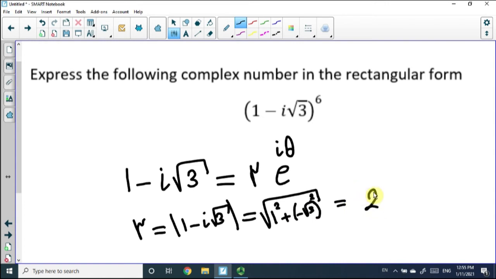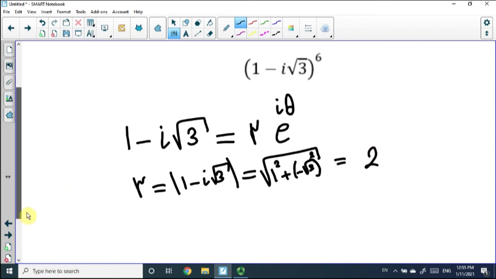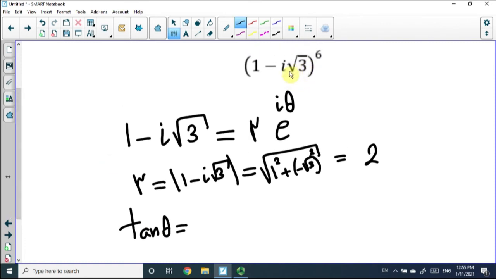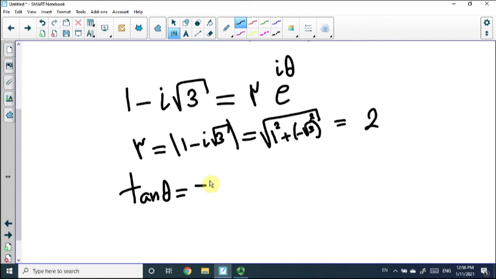So the modulus is just 2. Now to find theta, I will just use the simple method. Tan theta is the imaginary part divided by the real part. So it's minus square root of 3 divided by 1.